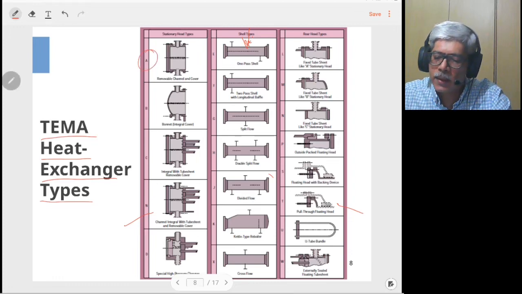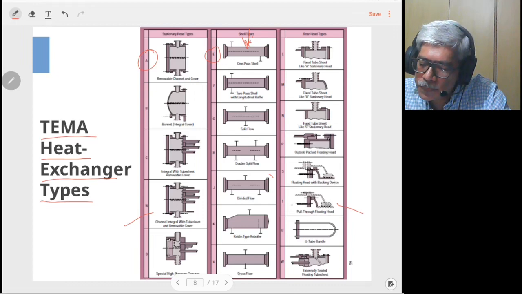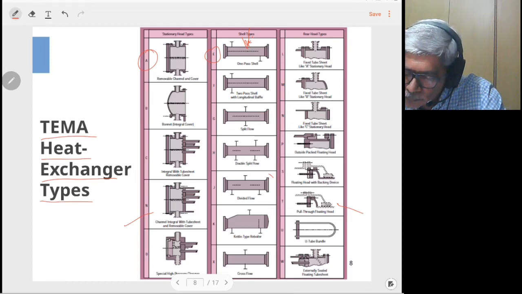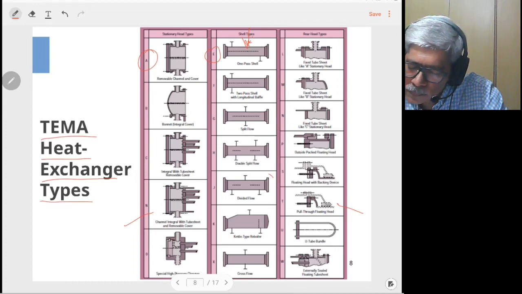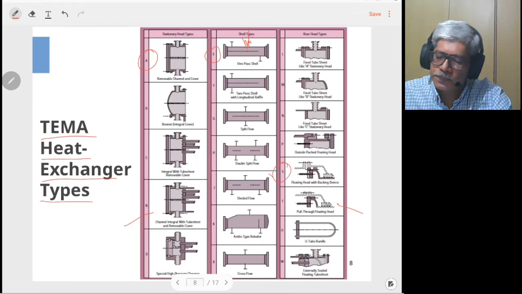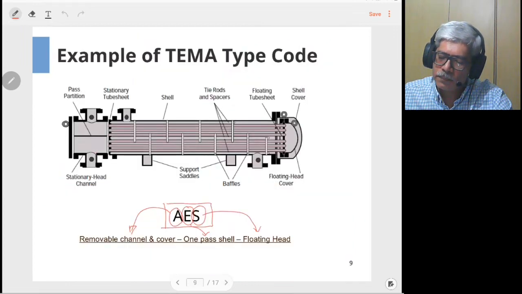So A is here, E is here, and S type is given there. You can look at it more clearly in the handouts which are provided to you.